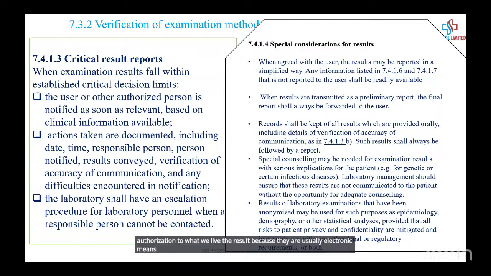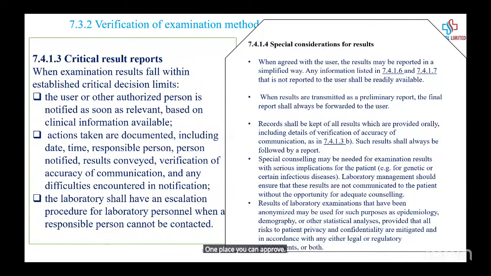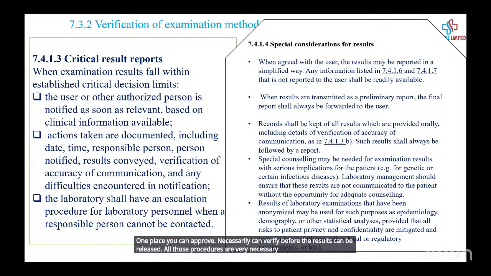So you should have levels of user access on the LIS: one person can enter the result, one person can approve, the next person can verify before those results can be released. All those procedures are very necessary, or else you see a lot of transcription errors, a lot of misinterpretation of results, and so on.